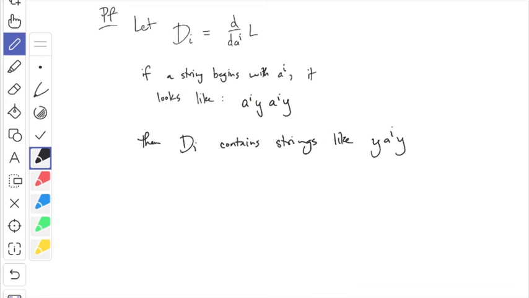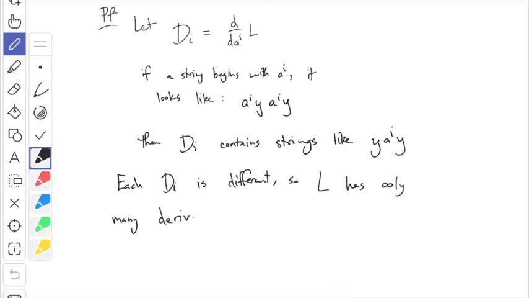D2 is the one with two A's in the middle, and so on. Those are all different. So each DI is different. So L has infinitely many derivatives, and so it is not a regular language. So L is non-regular. It's true.